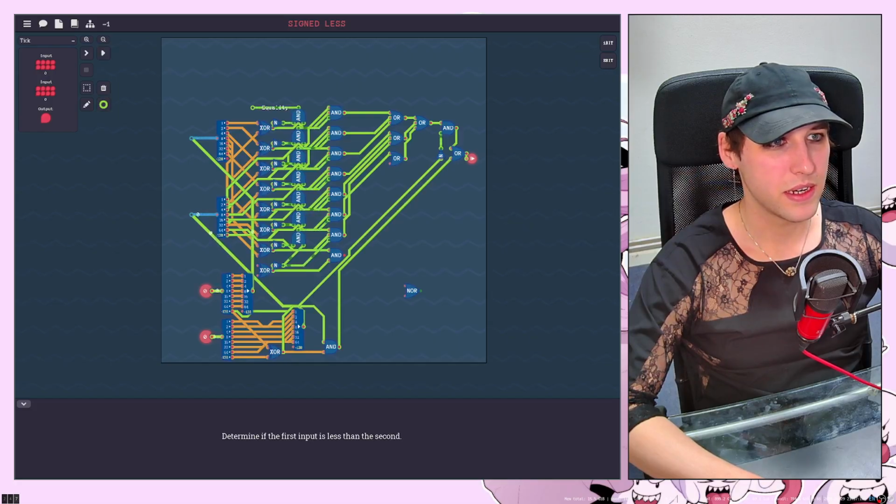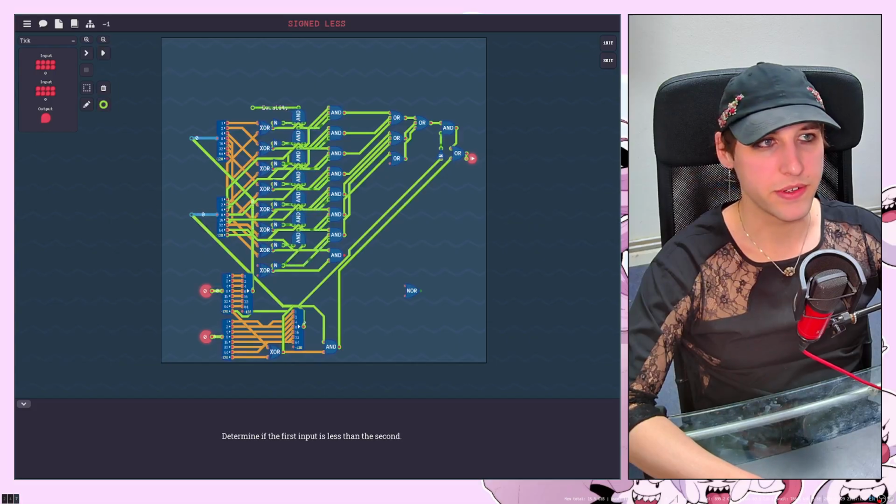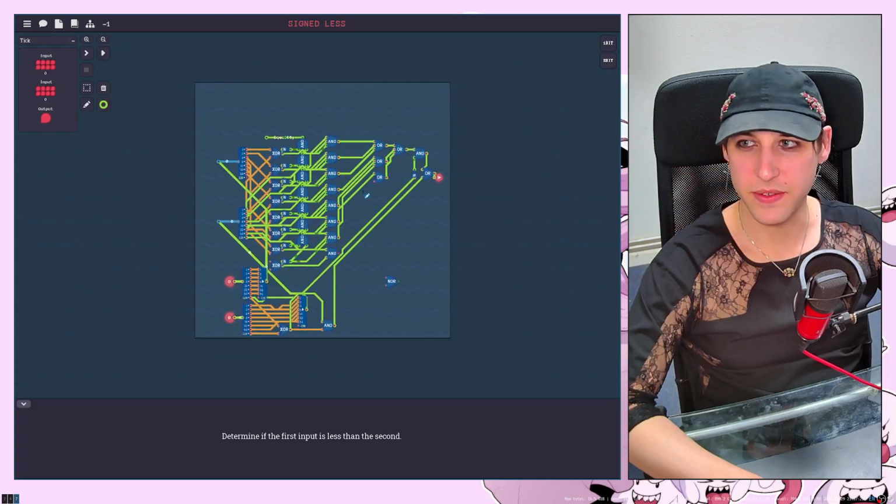I guess it's a partial comparator, right? Not a complete comparator. Yeah, you would have to figure these things out, which, I think, can be fun.